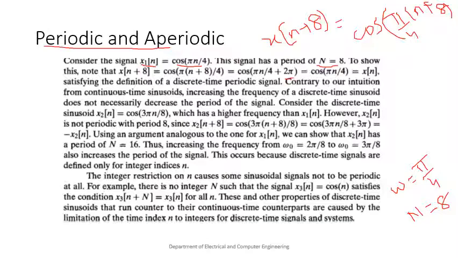We know that if there is an addition of 2 pi, 4 pi, this is equal to cos of pi n by 4. So these two are equal, which means N is equal to 8 is the period of this signal, satisfying the definition of discrete time periodicity. Now consider another example.